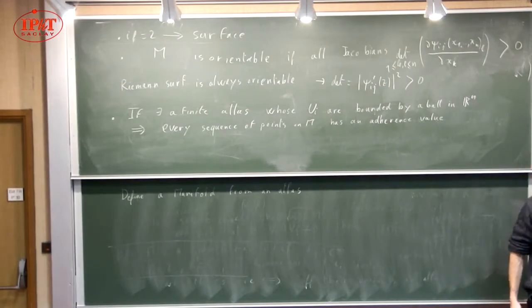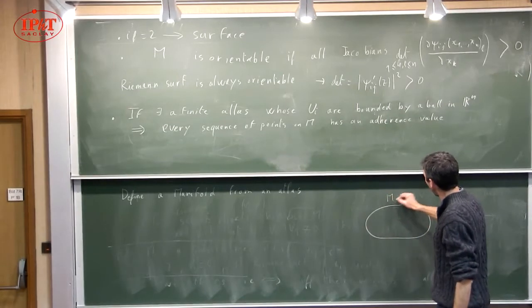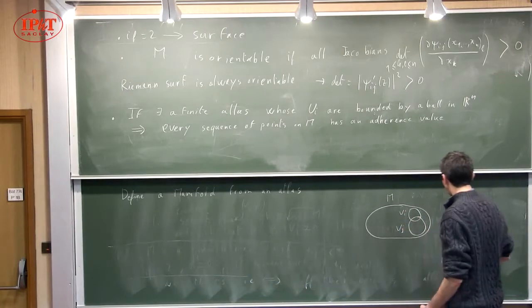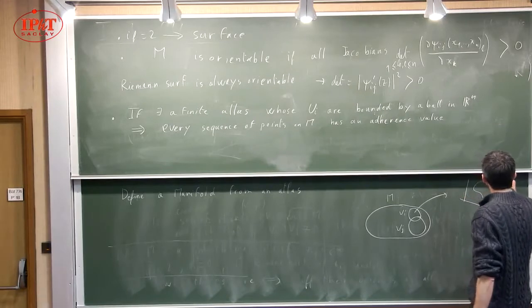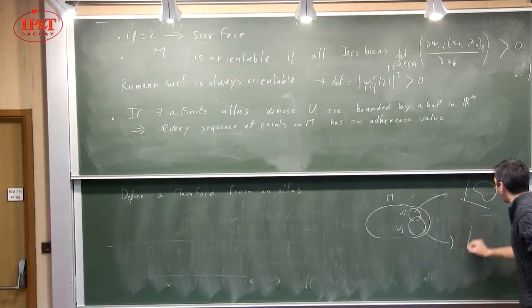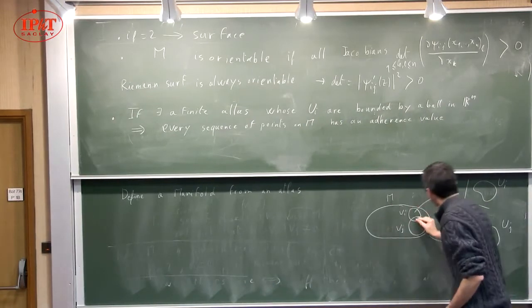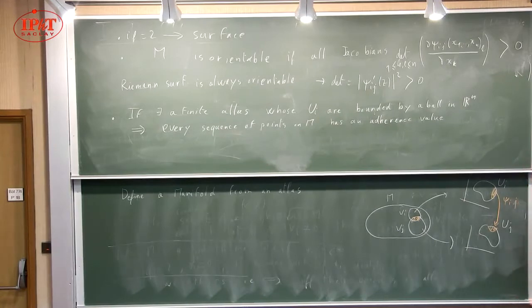You just have the subsets of Rn. So in my picture before, I had my M, and I had my open sets Vi, Vj. This one goes to Ui, and this one goes to Uj. And on the intersection, I had psi ij. That was a homeomorphism of Rn.